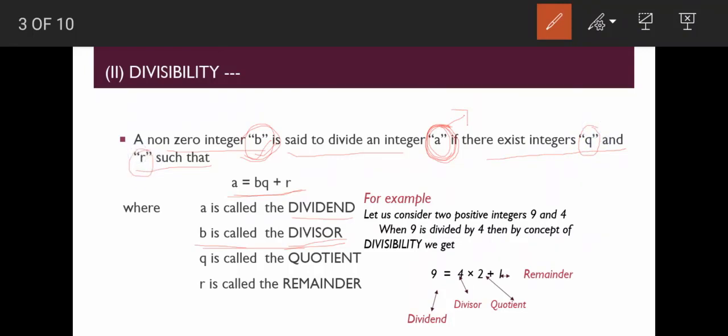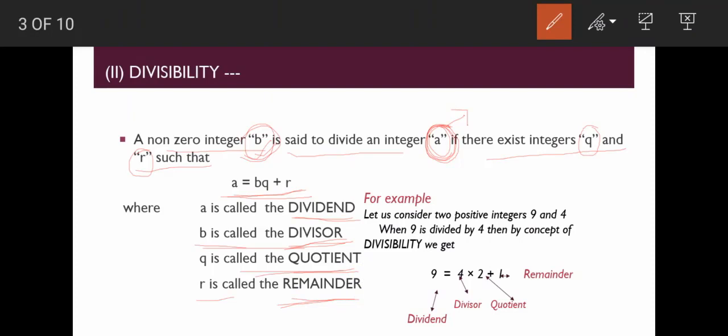So in this case, q is considered as the quotient and r is considered as the remainder. In the previous classes, we already got the division algorithm as dividend is equal to divisor into quotient plus remainder. So this is known as the division algorithm.